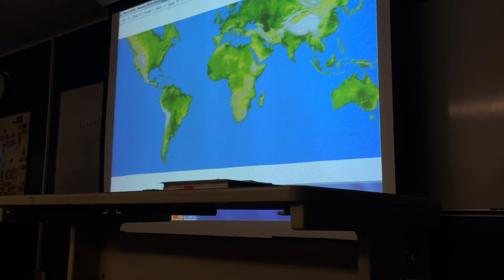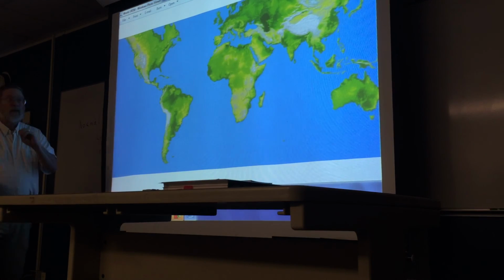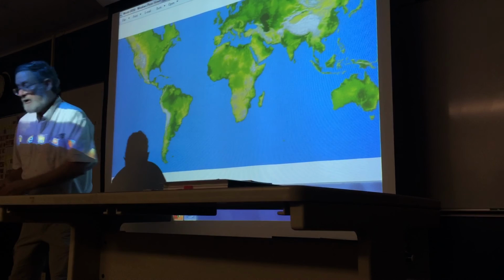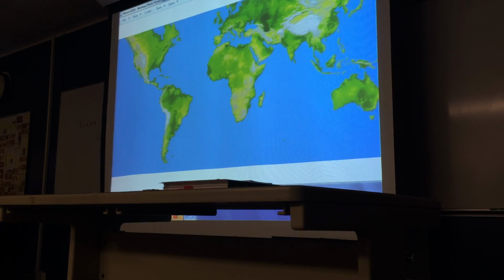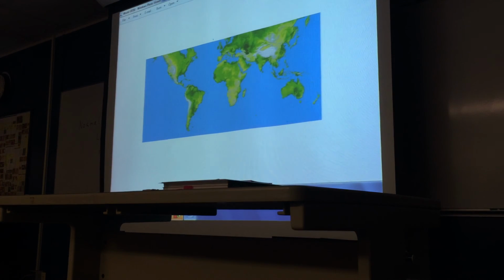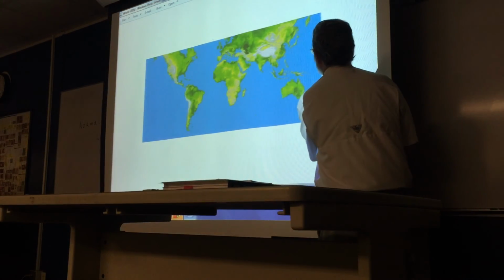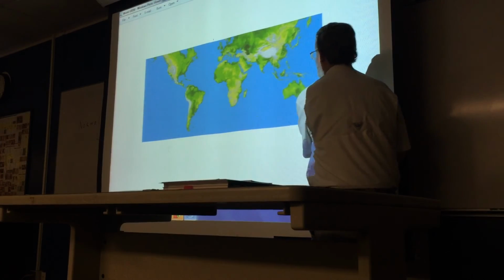There are some massive strike slip faults in the world. If we look now, New Zealand does not show up, or did I just zoom in too much? Let's go back. Oh, New Zealand barely shows up over here. There is a massive strike slip fault that cuts through here in New Zealand.